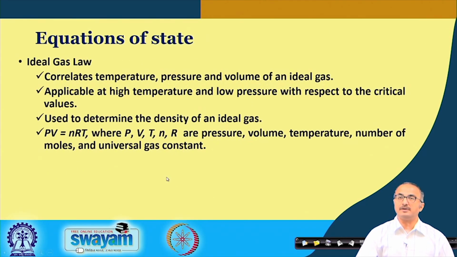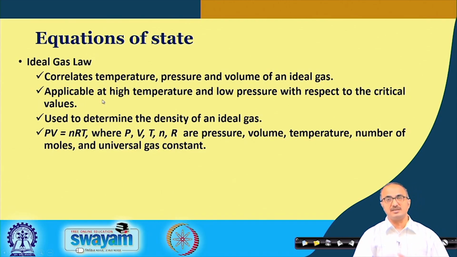Another type of thermodynamic relation is the equation of state. This also you are quite aware of, and you know that this correlates the temperature, pressure, and volume of an ideal gas for the ideal gas law, and it can be for real gas also, we shall see that later.